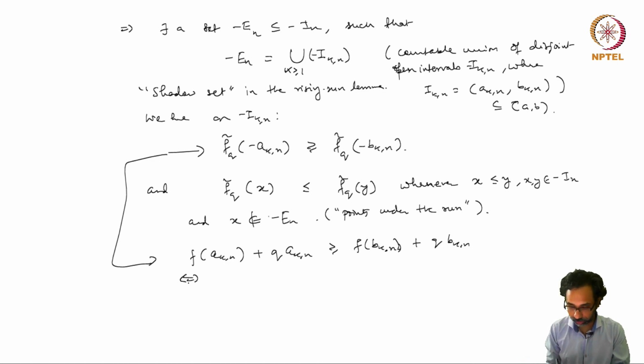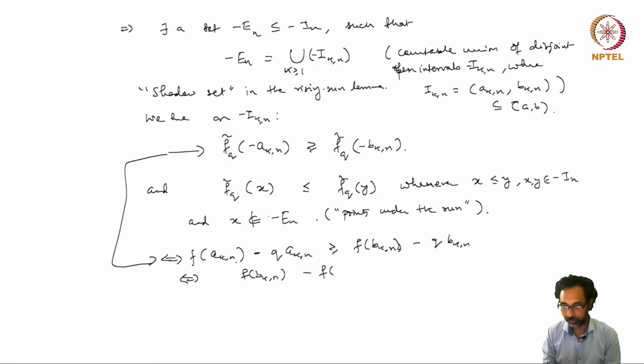And so this is the same as saying that, it should be minus here and also here, because we are taking f tilde q of minus a_kn.